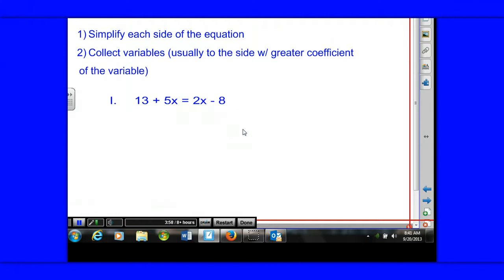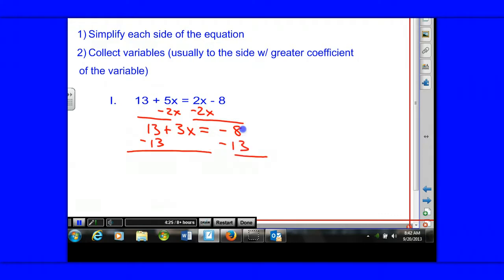So we'll move the 2x's to the left side by subtracting 2x from both sides. And we end up with 13 plus 3x equals, be careful here, what is left on the right side? Negative 8. Good. Okay, so now we simply solve for x. What shall we move first? 13.